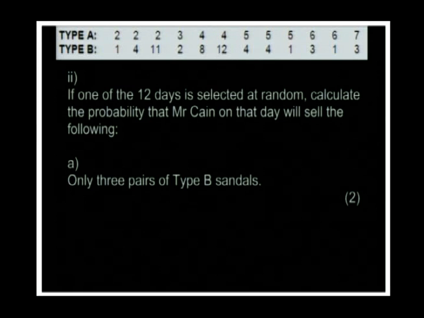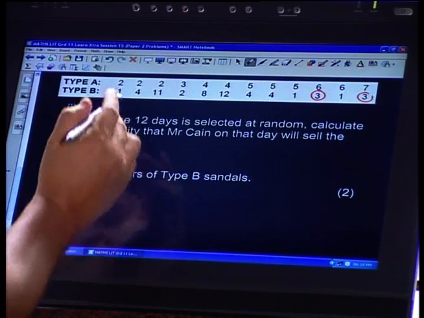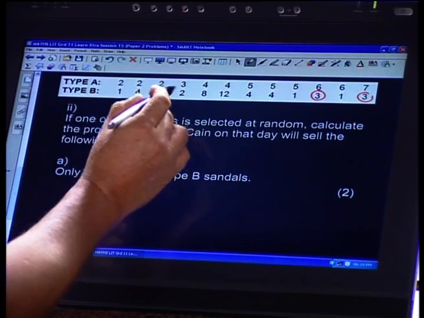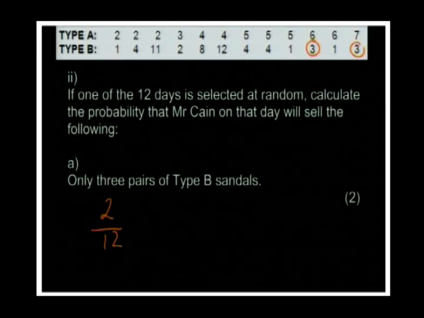So, when has he sold 3 pairs? He sold it here and here. So he sold it on 2 days. Of the how many days? 1, 2, 3, 4, 5, 6, 7, 8, 9, 10, 11, 12. So 2 of the 12 days. He sold 3 pairs. So what's my probability? It's 2 over 12, which is 1 over 6.